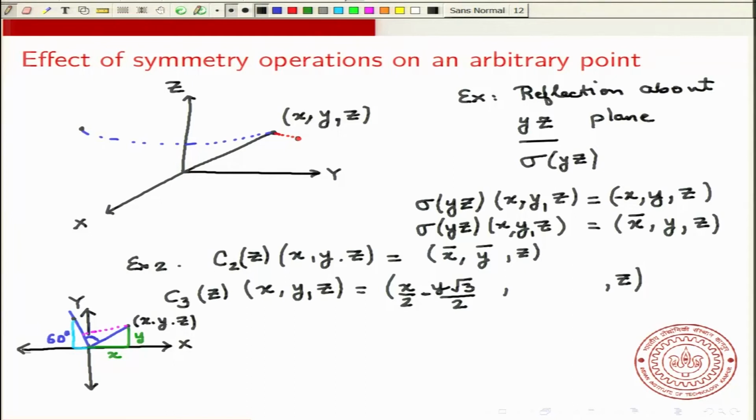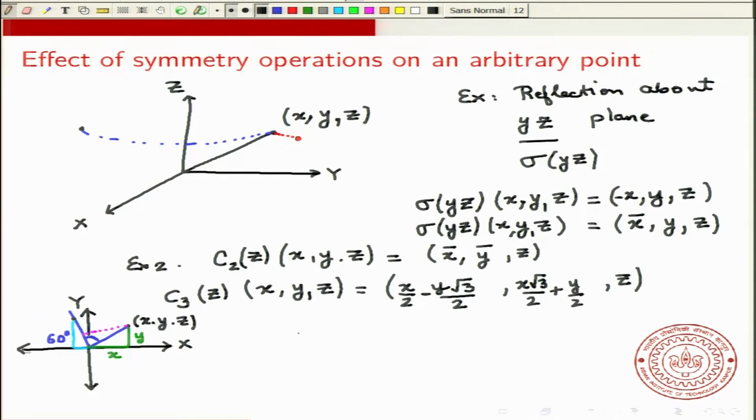So, it is essentially x times cosine of 60 degrees minus y times sine of 60 degrees. The other term, the y coordinate, is x root 3 by 2 plus y by 2. So, that is x times sine of 60 degrees plus y times cosine of 60 degrees.